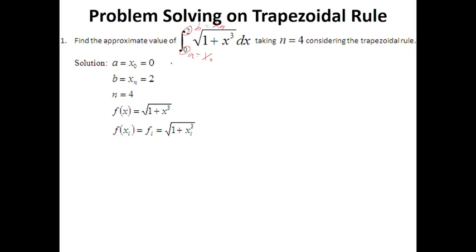f of x is the square root of 1 plus x cubed. So this is f of x. So we have the integral of f of x dx from a to b, right? So that's the integral.